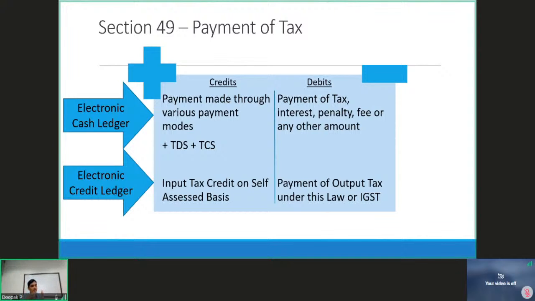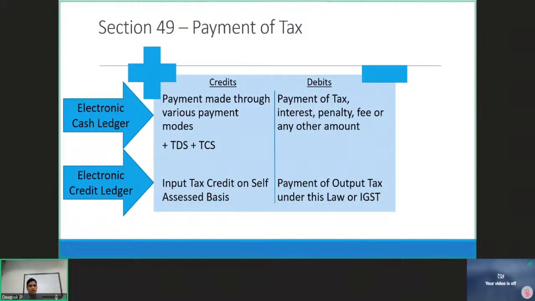So you have a limited, restricted use of your electronic credit ledger. The credit comes not from payment, not from TDS, not from TCS. It comes from yourself claiming credit of your input tax credit in your monthly returns.